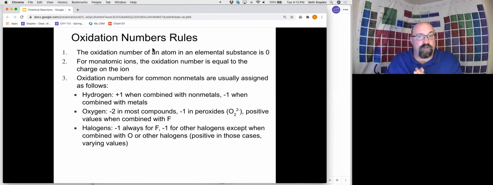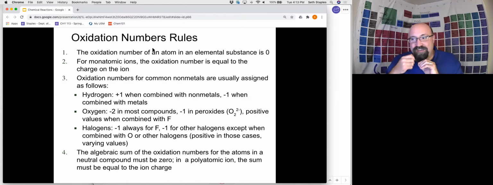Halogens, fluorine is always a -1. Other halogens are a -1 except when they're combined with oxygen. In those cases, halogens can have varying values, which will be positive.